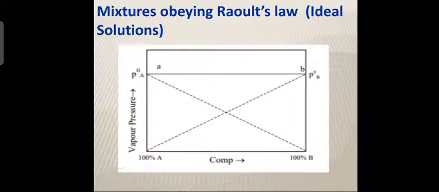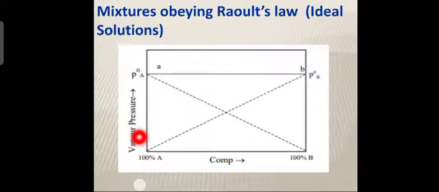Next slide. Now mixtures obeying Raoult's law are nothing but called ideal solutions. This is the graph obtained for ideal solutions. You plot vapor pressure along the y-axis and composition along the x-axis.